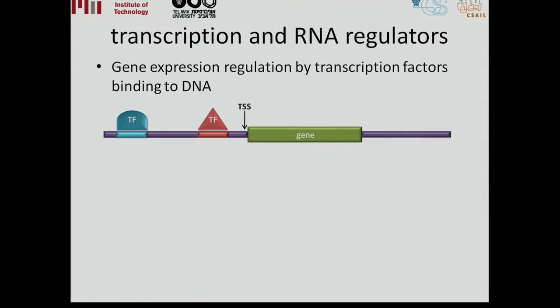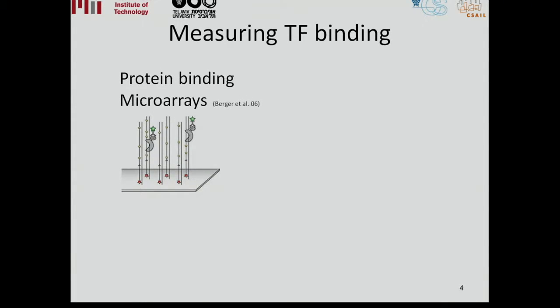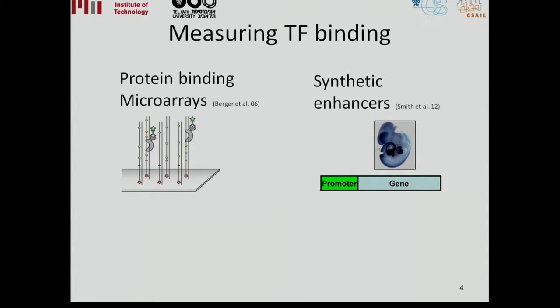So we are talking about transcription regulation, both on the DNA and the RNA level. TFs regulate gene expression, and RNA binding proteins regulate post-transcriptional regulation. And the way to measure these, on the TF level, is using protein binding microarrays, or what we've heard from Nadav, the synthetic enhancers that one inserts into the living animal.